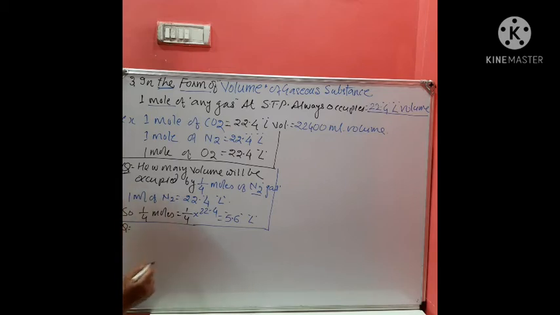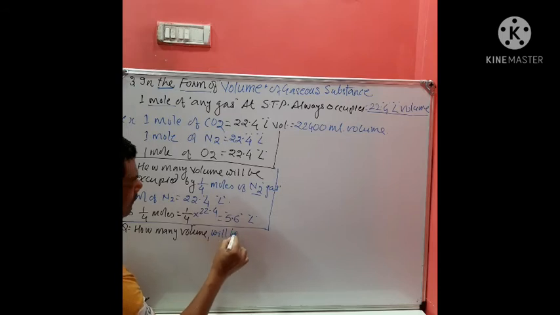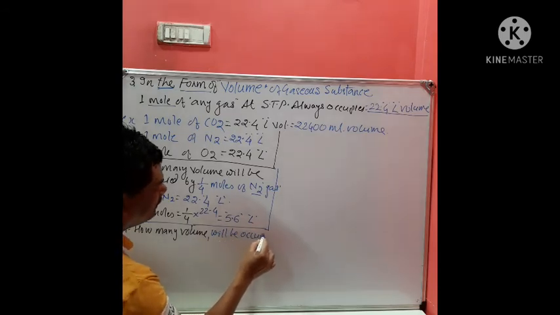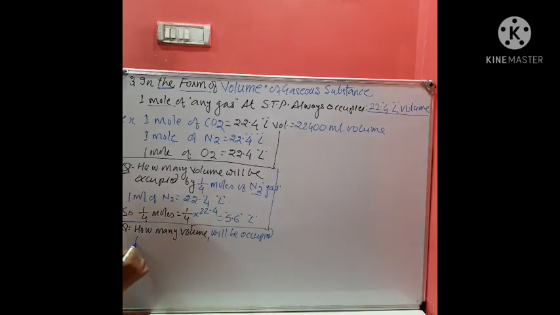Like, how much volume will be occupied by say 66 gram of CO2? 66 gram of CO2, how much volume will be occupied?